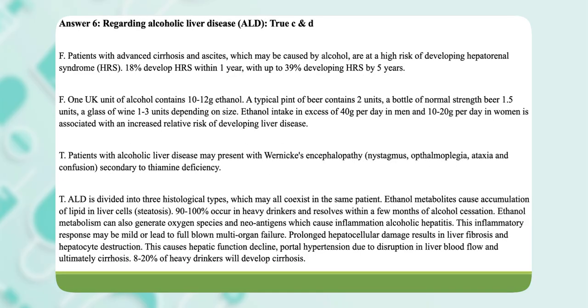Let's see the answer. Patients with advanced cirrhosis or ascites, which may be caused by alcohol, are at high risk of developing hepatorenal syndrome. 18% develop hepatorenal syndrome within 1 year, and up to 39% within 5 years.